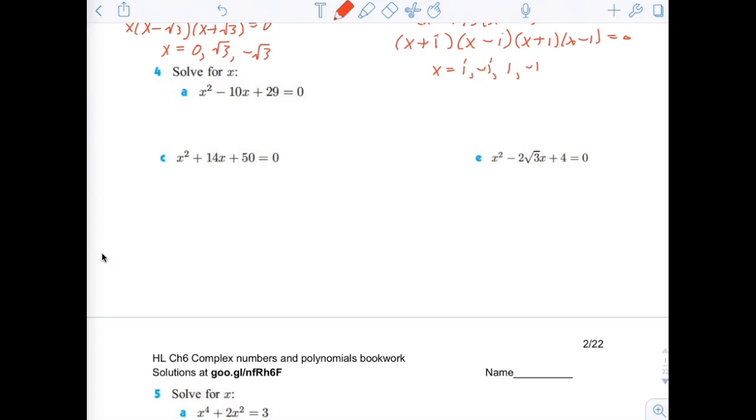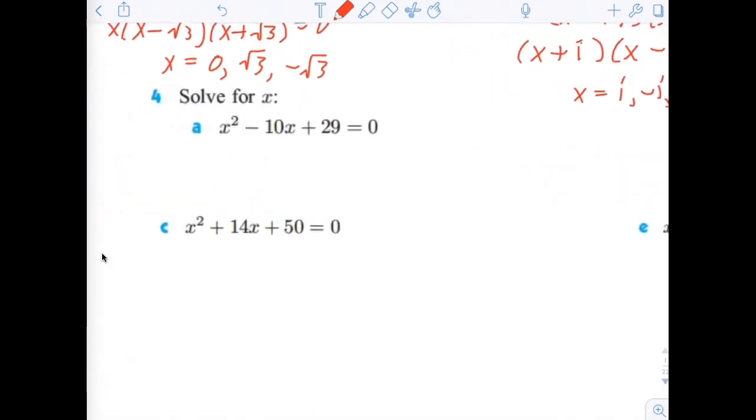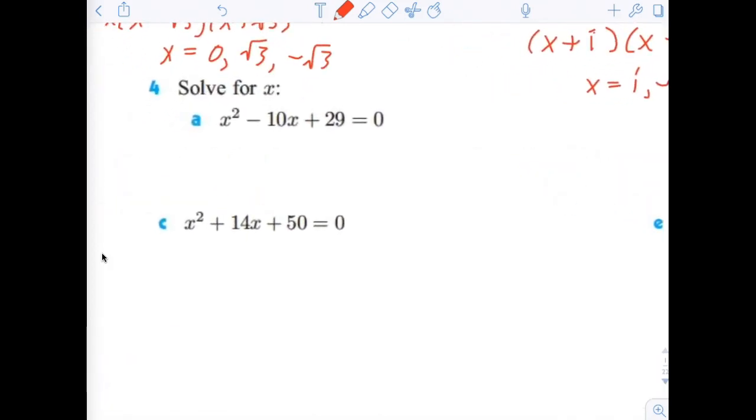Solve for x. Okay, so we got x squared minus 10x plus 29 equals 0. I think we're going to have to use the quadratic formula because this does not look factorable. So x equals negative b, negative 10, plus or minus the square root of b squared, negative 10 squared is 100, minus 4 times a, which is 1, times c, which is 29, divided by 2.